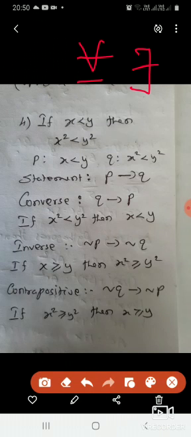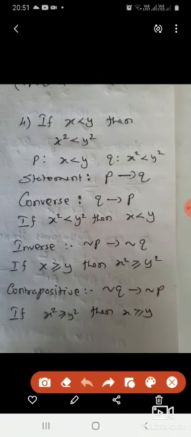Suppose one set is given, or some objects are given. Each and every object should satisfy the given statement, then only can we use for all. There exists means at least one given value or object satisfies the given statement, then we go for there exists.